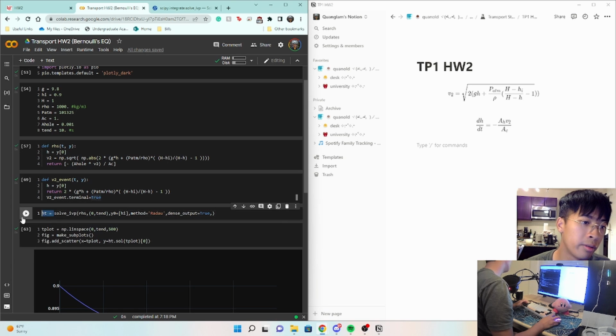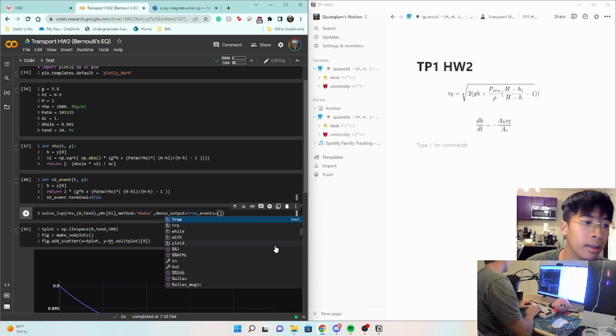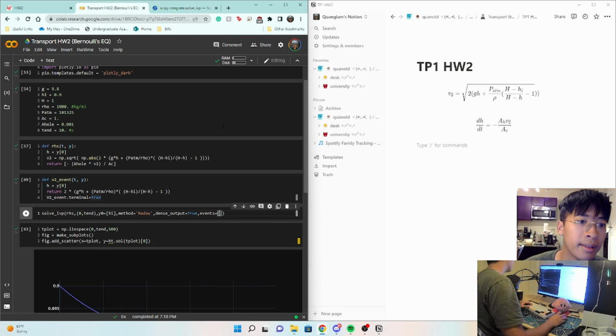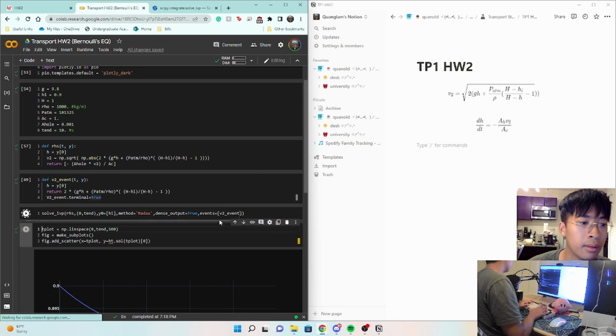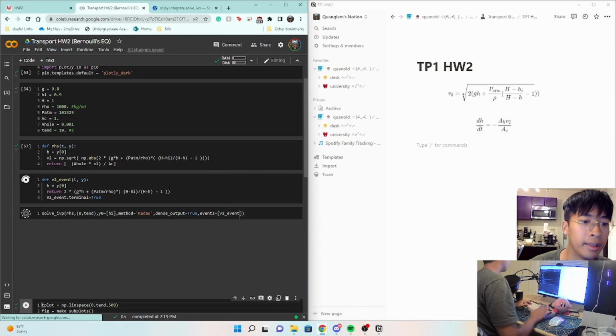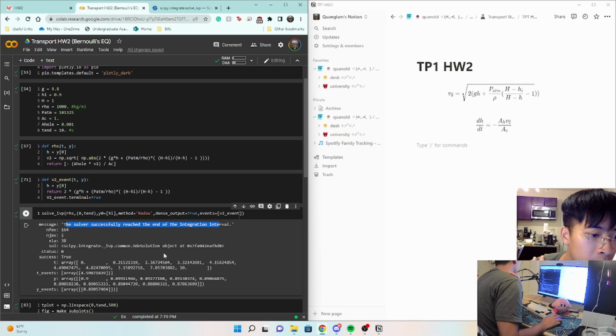So in order to see what's going on, let's unassign that from that object. So let's do events equals, and again it expects an array, I believe. So events, list of callables. So v2_event. What do we have? You see, the solver has successfully reached the end of the integration interval, right?